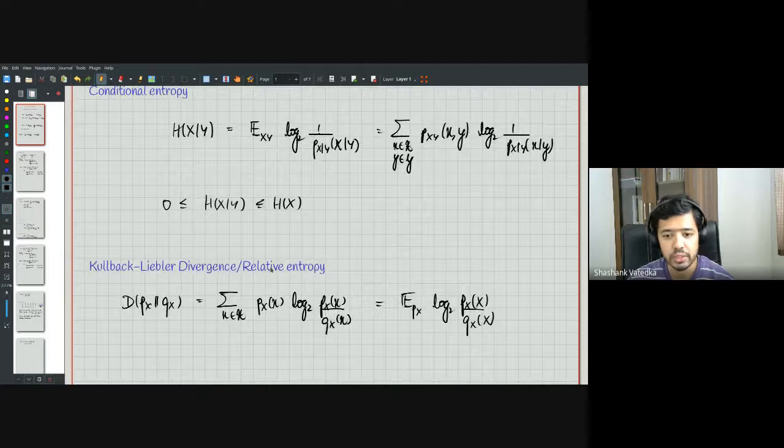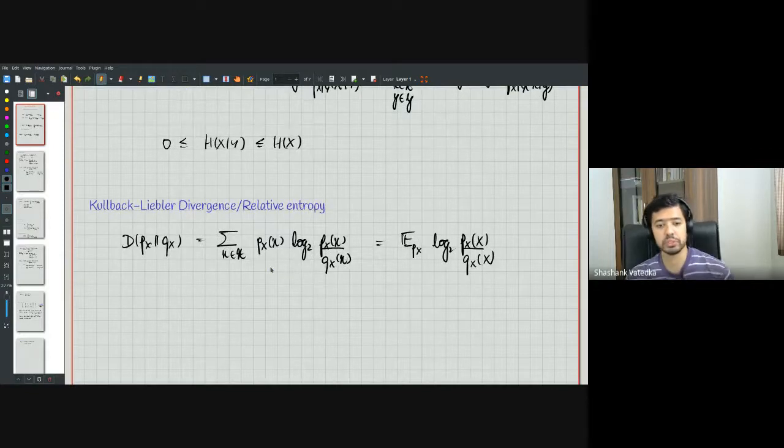We've also seen, given two distributions, the KL divergence or the Kullback-Leibler divergence or the relative entropy between those two distributions is given by this particular quantity. So it is the summation over all x in x of p of x log p of x over q of x, right? And we've seen that the KL divergence is always non-negative.